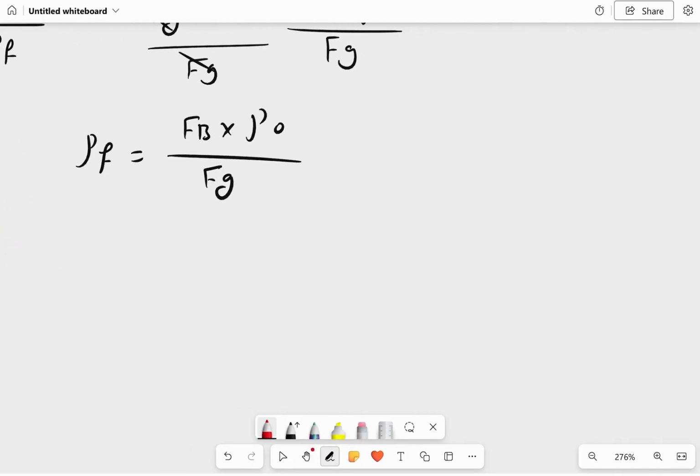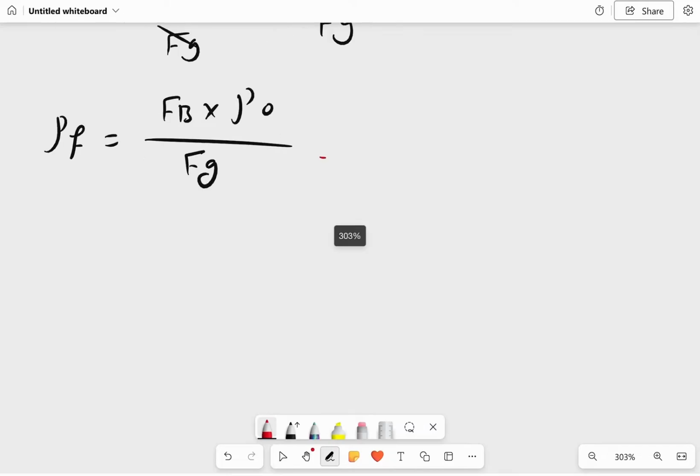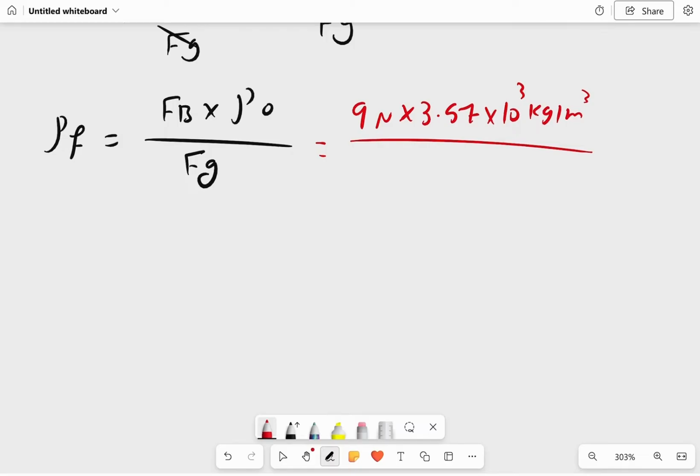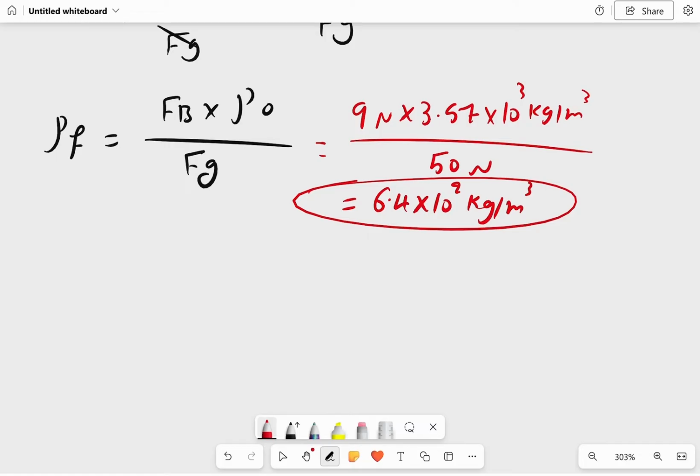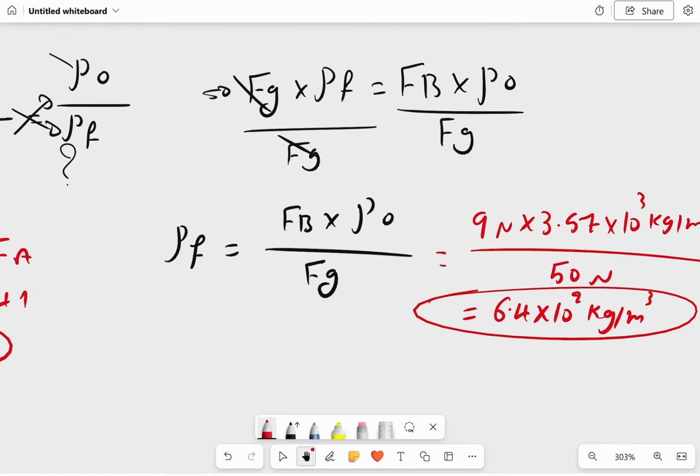Now we will say 9 Newton, times the density of the object, 3.57 times 10 to the power of 3 kilogram per meter cubed. It's okay if you don't write the units too, only the final unit is important. Then divide by Fg, which is equal to 50 Newton. Then you have 6.7 times 10 to the power of 2 kilogram per meter cubed. This is the density of the fluid.